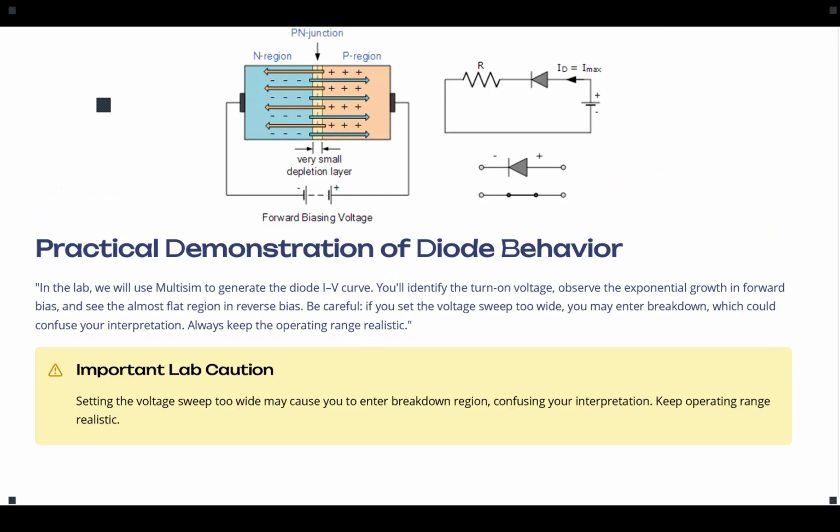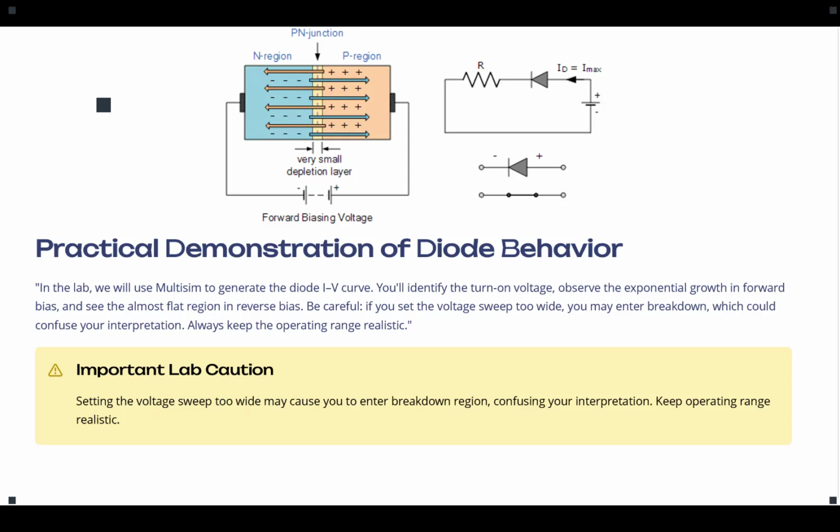At the point where the P semiconductor and N semiconductor are connected to each other, we have a region we call the depletion region, that yellow region. That works as an insulator, so it would not let the charges jump from P to N or N to P.